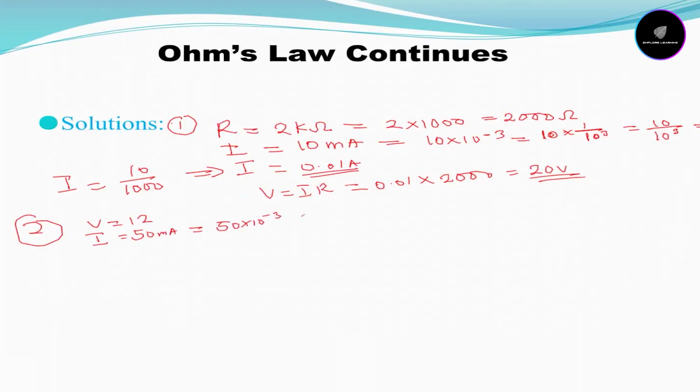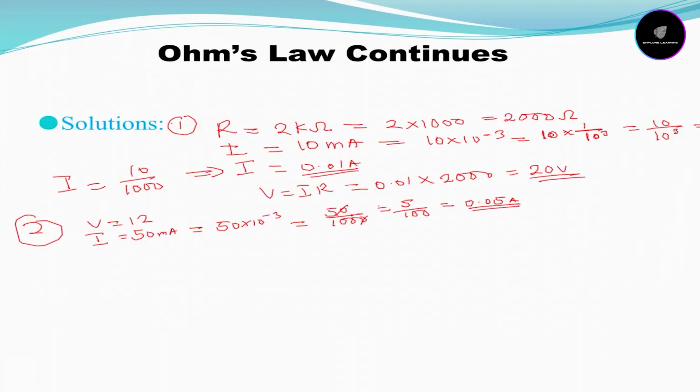Like I said, if you don't want to use a calculator, it's easy. You have this to be 50 divided by 1000, so you can have it as 5 divided by 100. What are you going to get if you do this? We're going to get 0.05 amp.